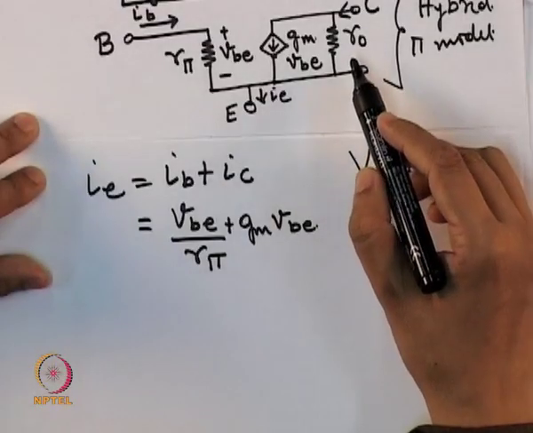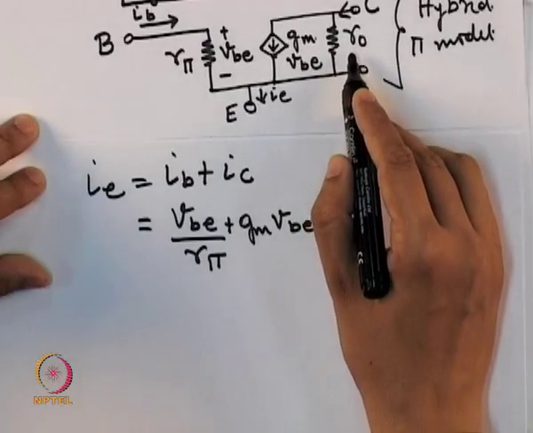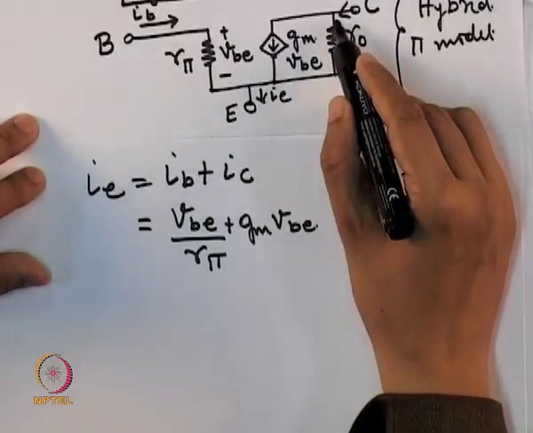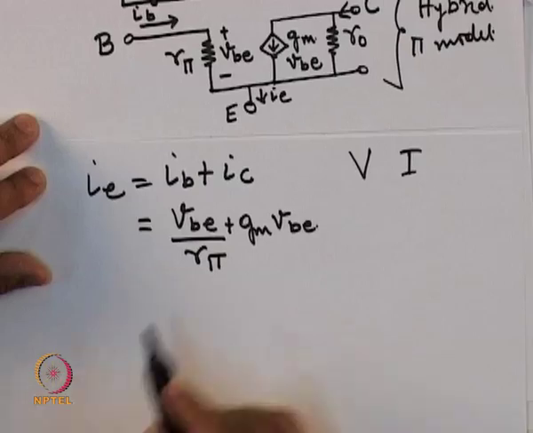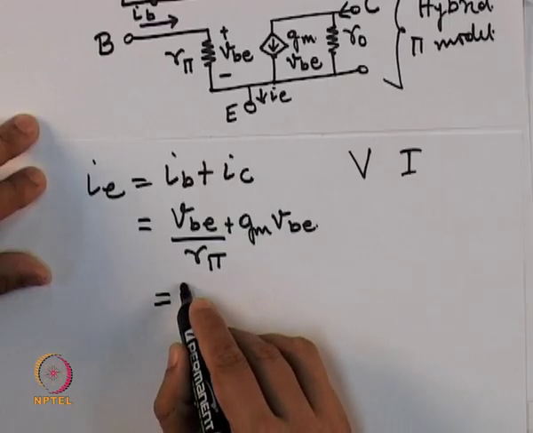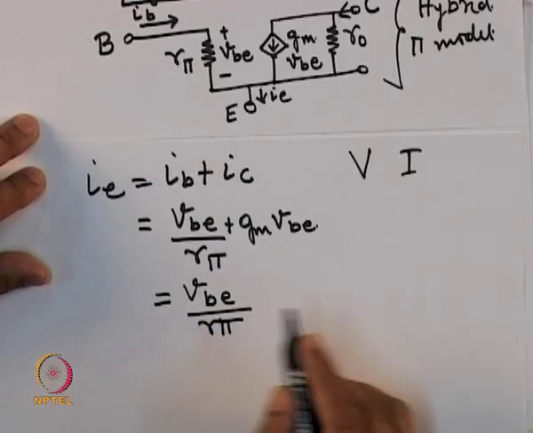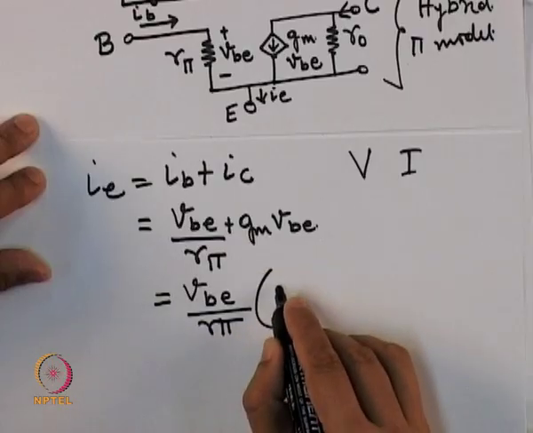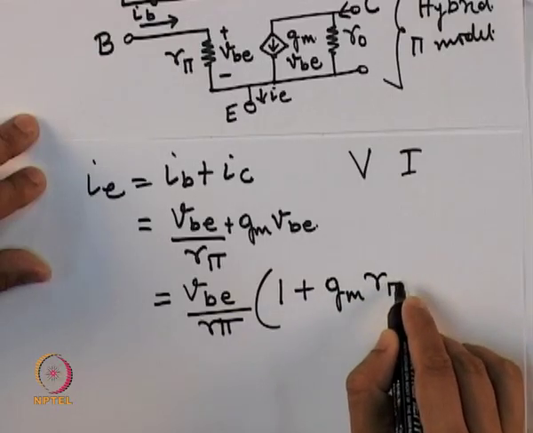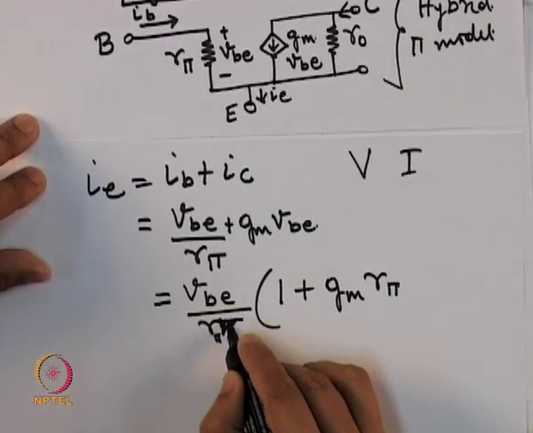Here we are for some time ignoring this resistance R 0. If we assume that R 0 is infinite and no current is flowing through it, then this equation will be true. So, I can take V b e upon R pi common, and that will give me 1 plus G m R pi. Here this pi should have been here, like this.